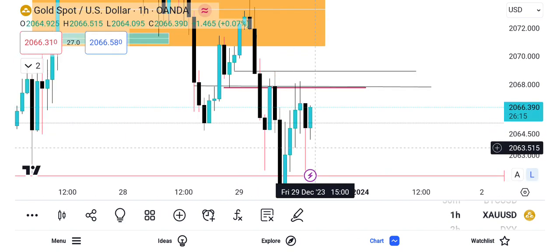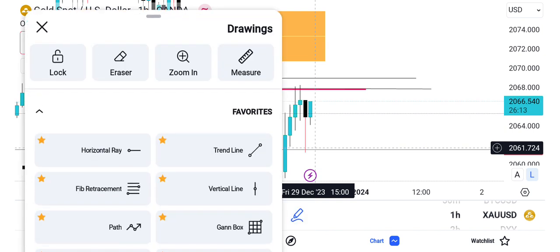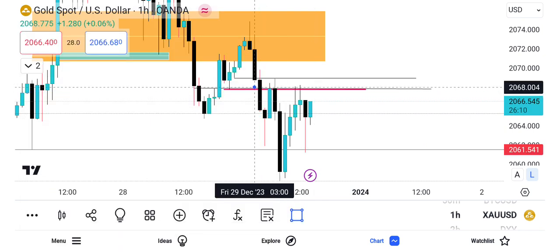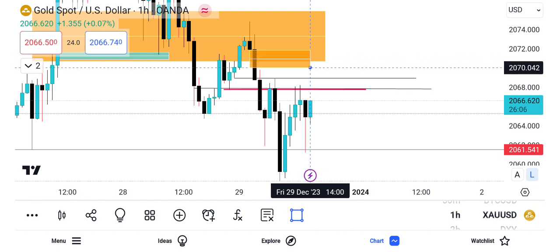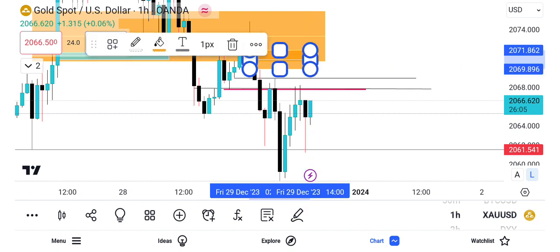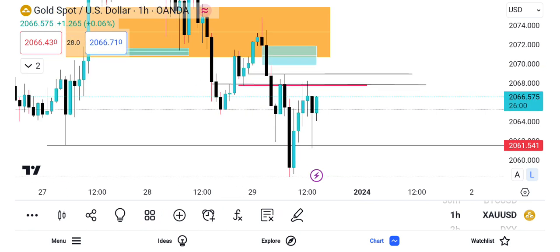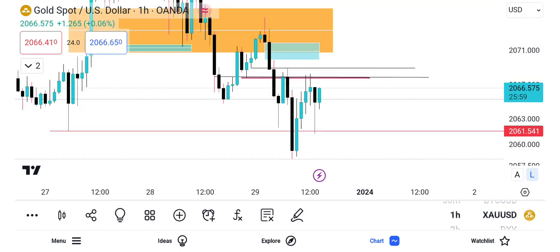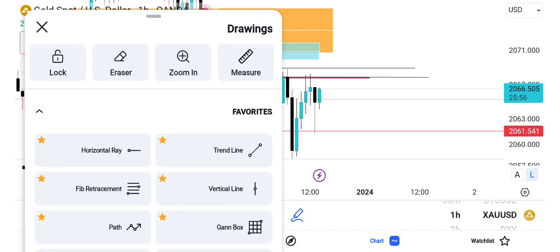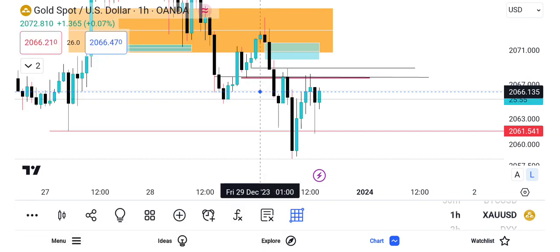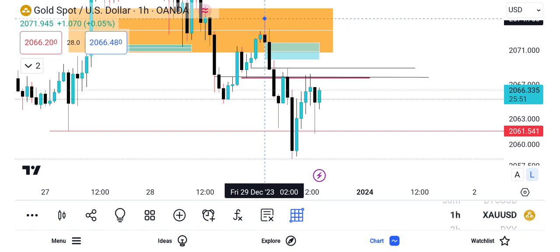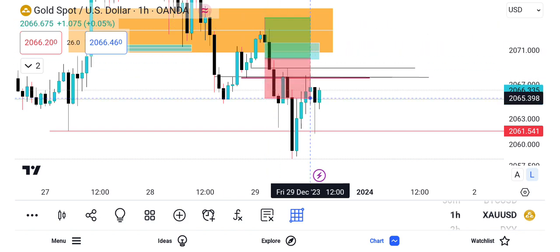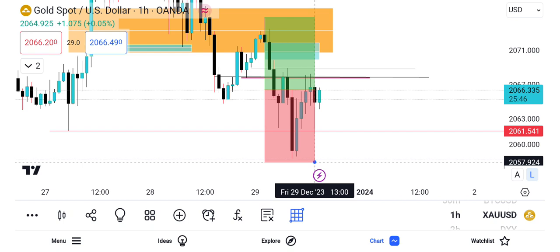So I had this 1-hour fair value gap, this candle's low, this candle's high. We had that fair value gap. To me, using my Gann box, from that high to the low.